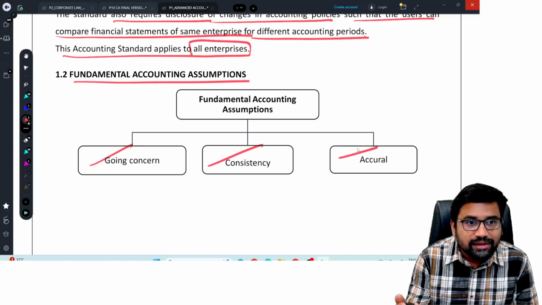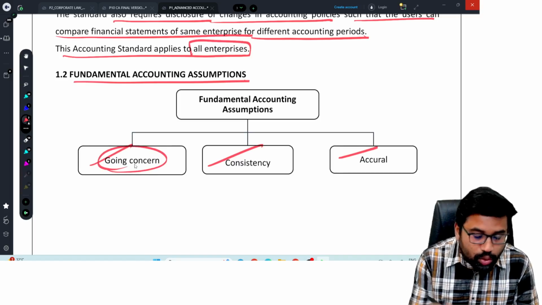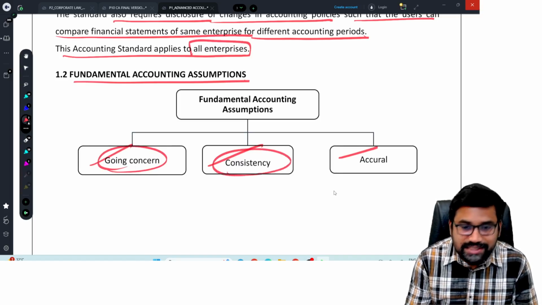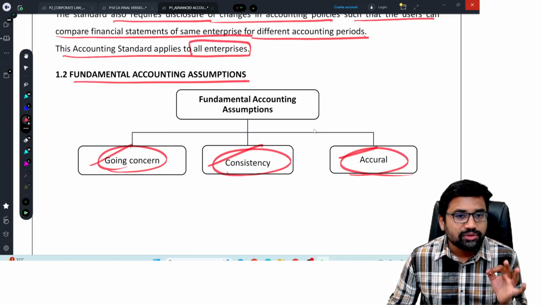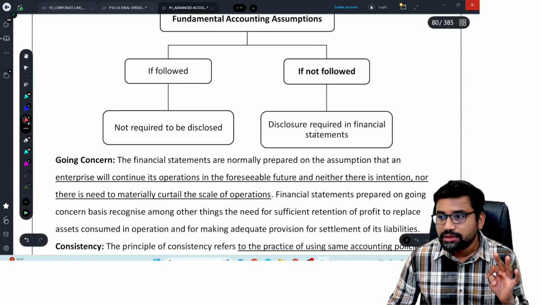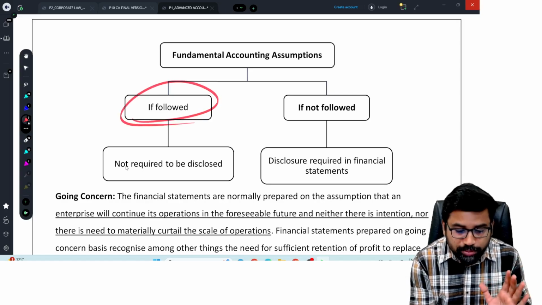We assume that they have followed these things unless otherwise prescribed. Three things: going concern, consistency, accrual. So these are the three fundamental accounting assumptions. If the organization has followed them, there is no need to make a separate disclosure.